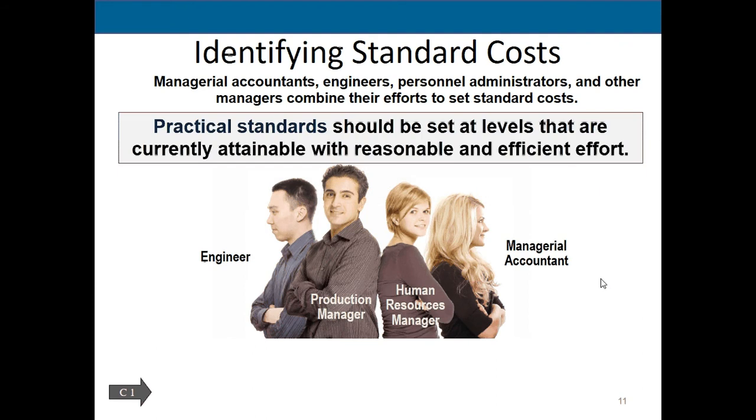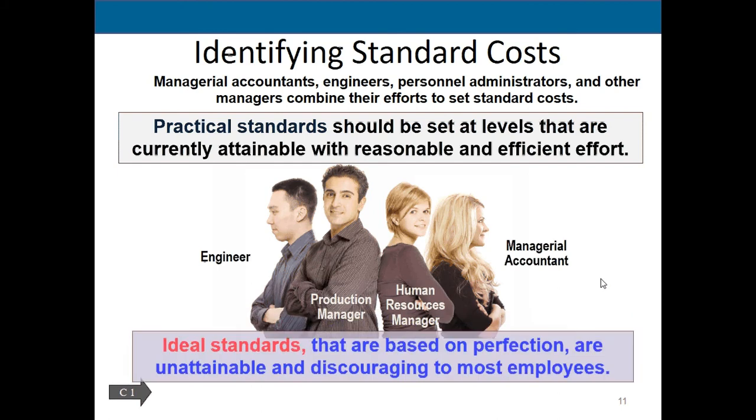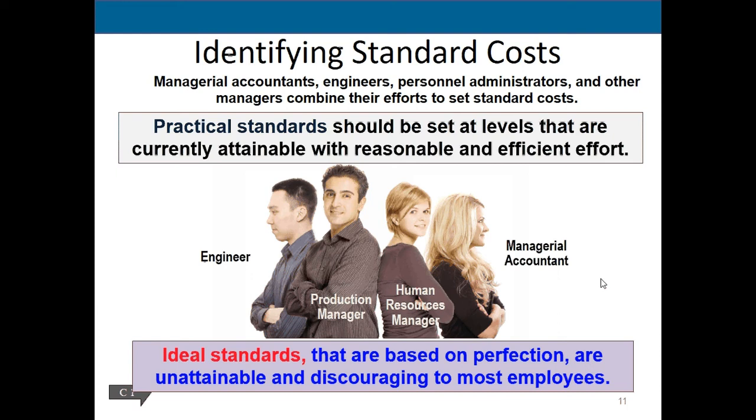These people need to set practical standards. They have to be set at levels that are attainable with a reasonable and efficient effort, because if we get too ideal, ideal standards are going to be based on perfection. They're not attainable, and really it's just going to bring down morale.